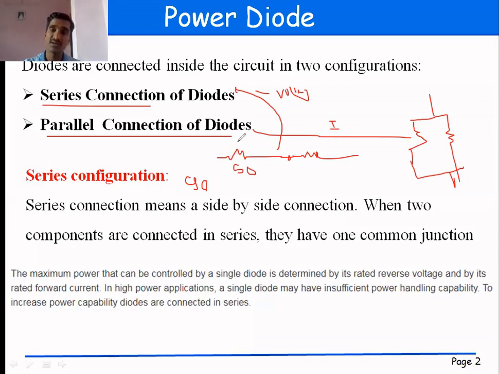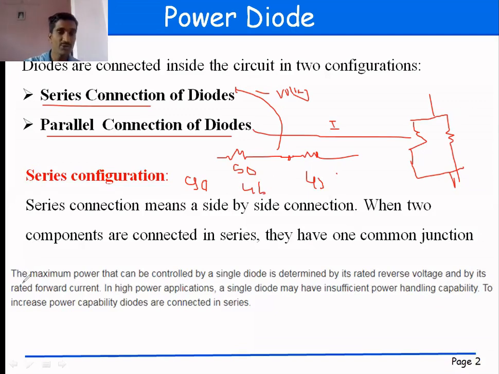But if you connect two components in series, they easily handle this 90 volts, because the 90 volts is equally distributed, that is 45 volts and 45 volts. In that way, it improves the voltage handling capacity.